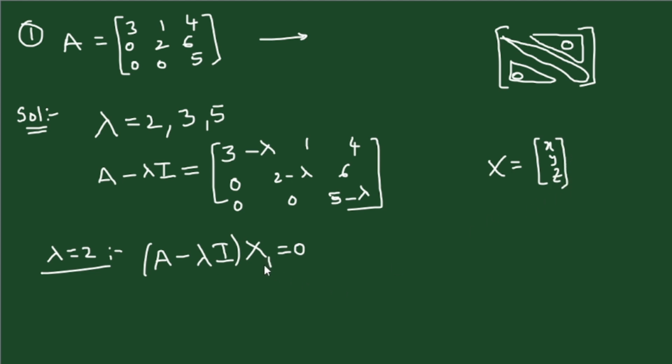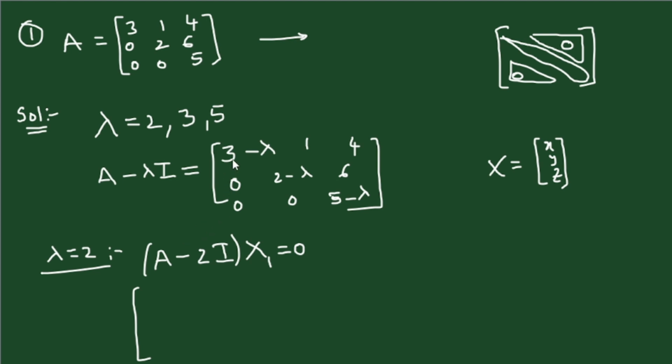So x1 is the first eigenvector corresponding to lambda equal to 2. In place of lambda, we have to take 2 because we are taking lambda equal to 2.